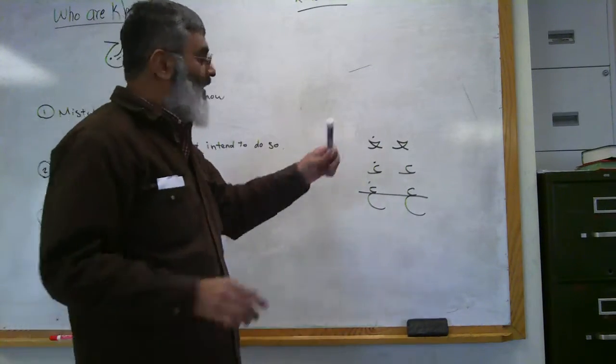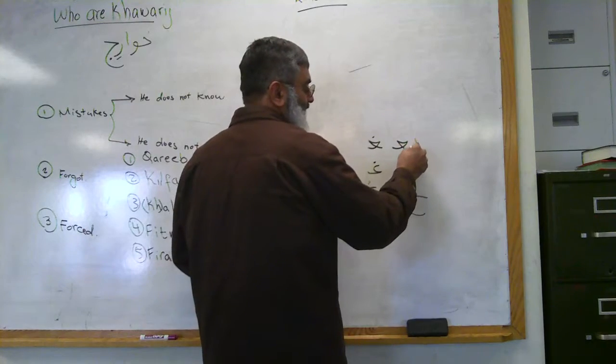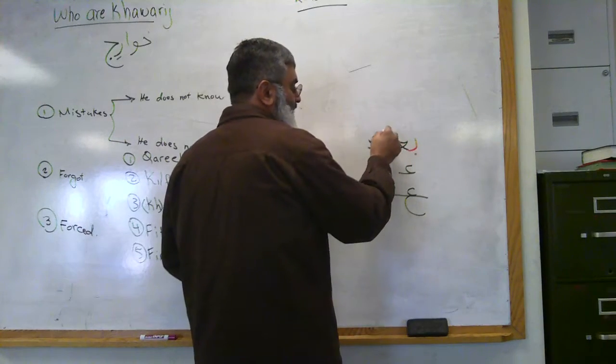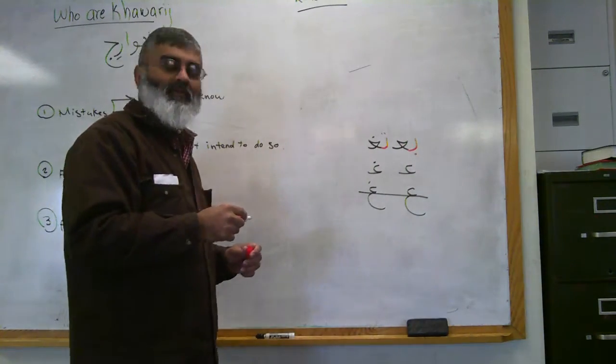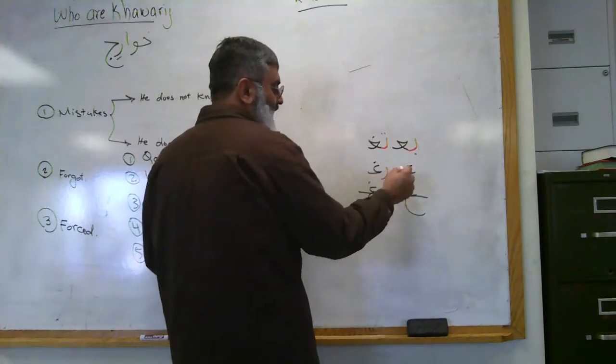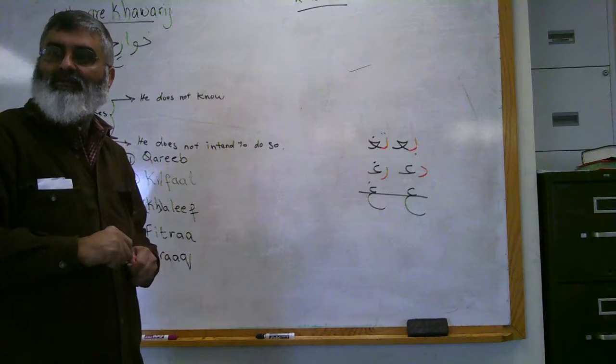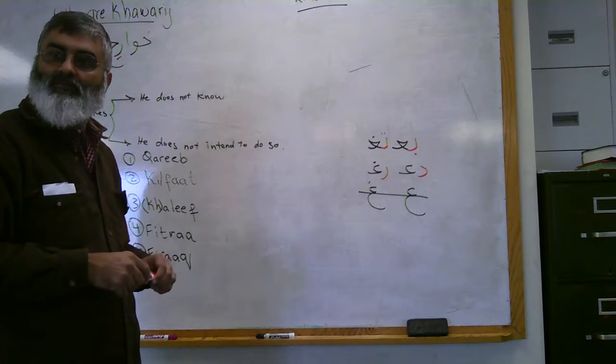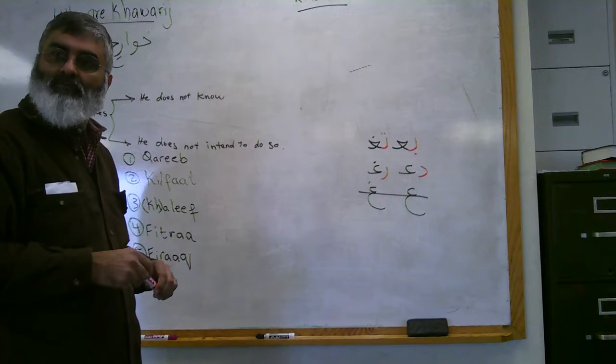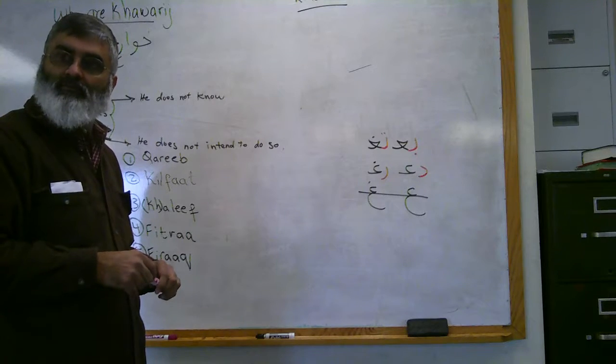Absolutely. So for example, ba with ayn, ta with ayn. But if you're not joining, like ra or dal, then like that. But if it's at the end connected, you still use that little basket, but with the tail.